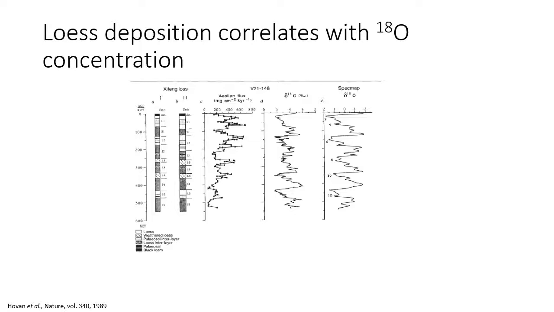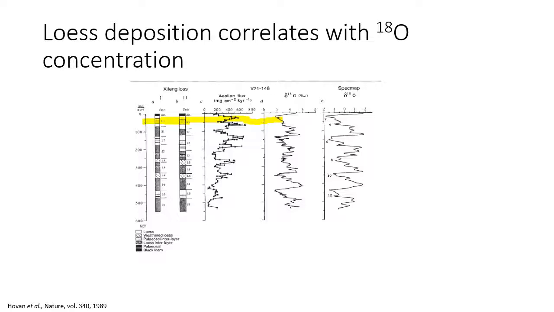And so they were able to compare these oceanic sediment cores, and what they found is that they correlate very, very well with the Loess formations. You can see here during times of Loess creation, Loess deposition, we have very high flux, so a lot of sediments are going into the ocean, and we also have a very high oxygen 18 concentration in the oceans.